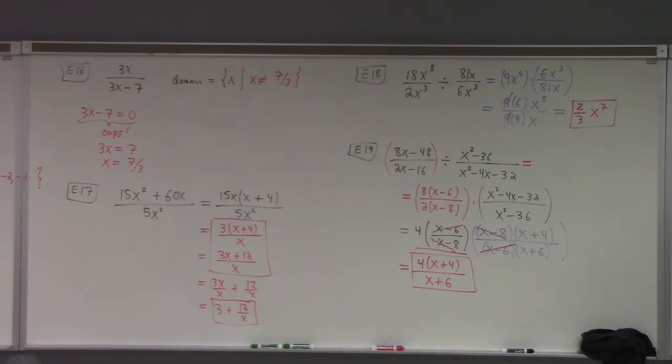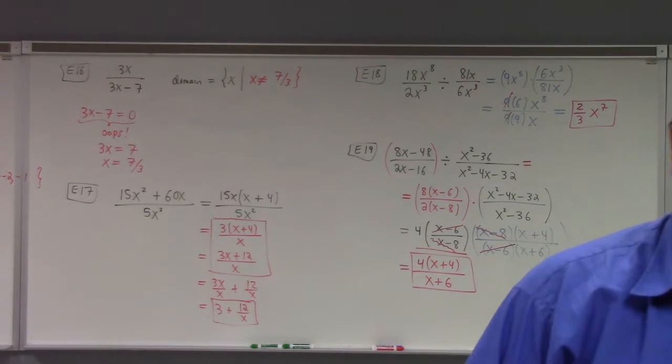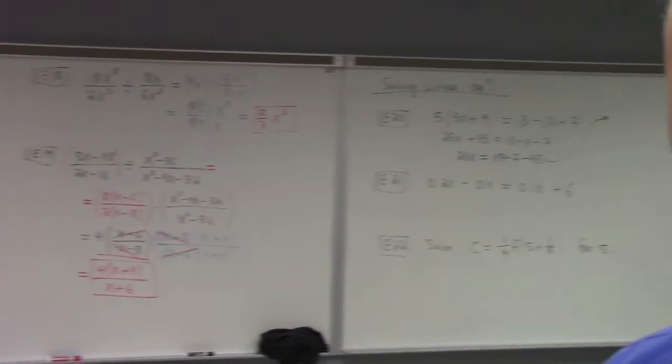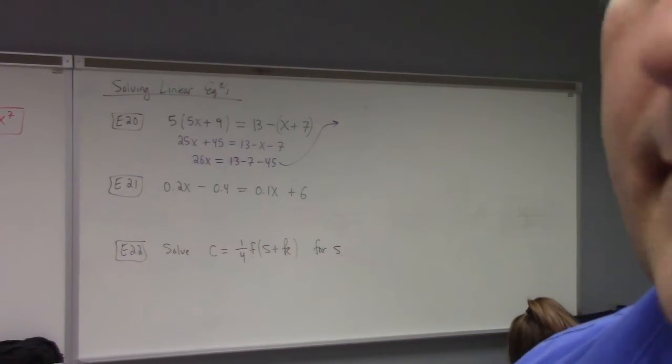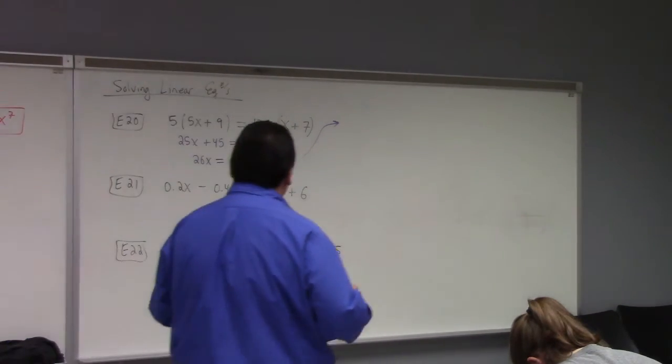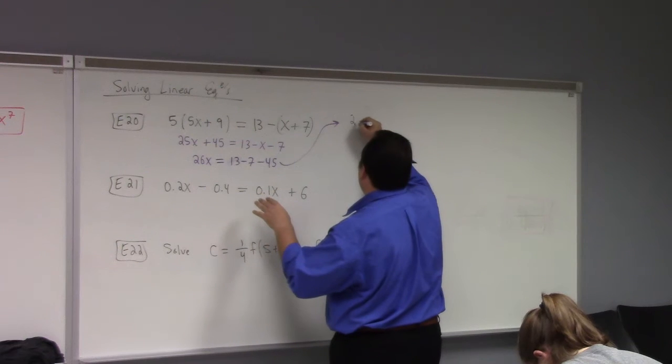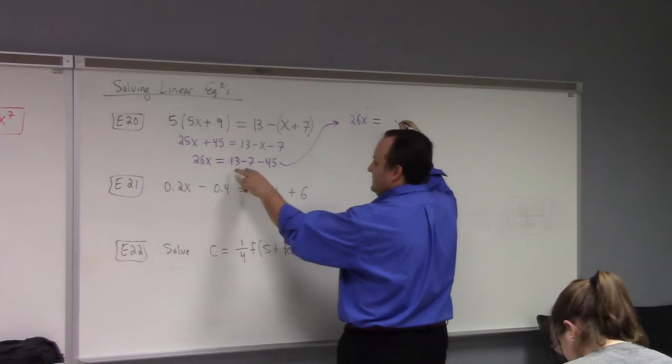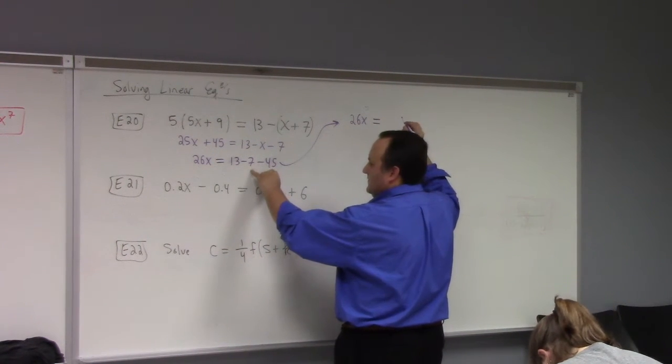So this gives me 26x equals 13 minus 7 minus 45. Which gives me what? I get 26x equals, what is that?